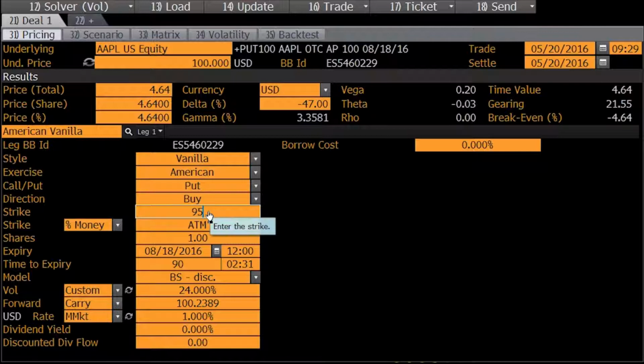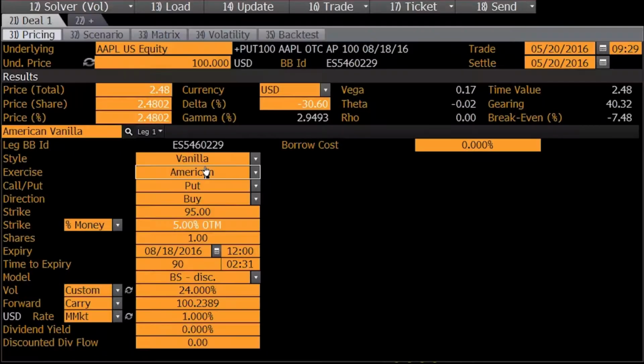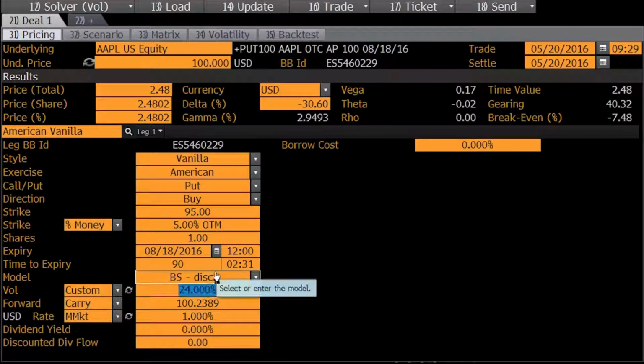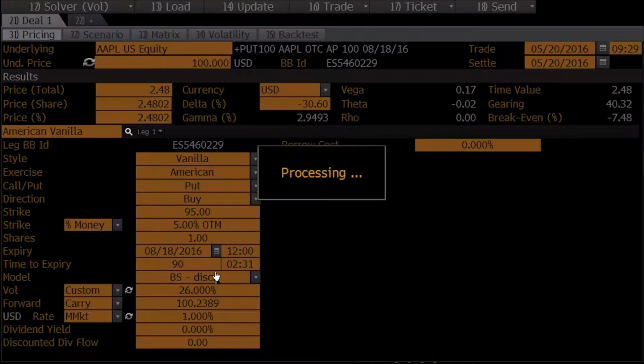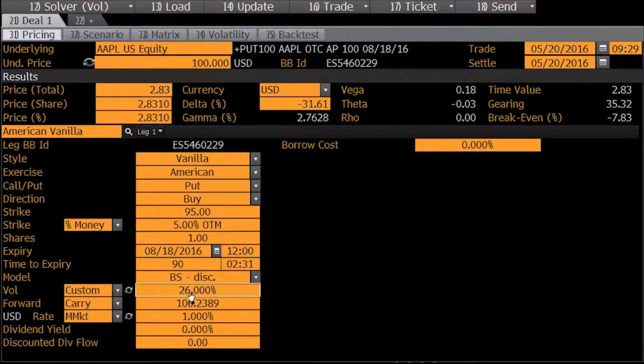Finally, I'm going to create my 95 put. The forecasted volatility on this is higher because it's further out of the money. Remember, the further out of the money you get for both puts and calls, generally speaking, the higher the volatility level.